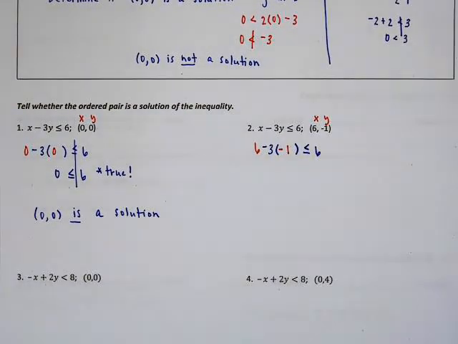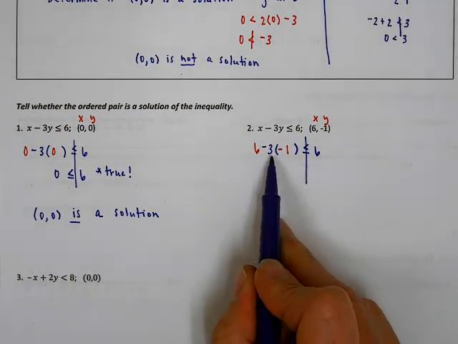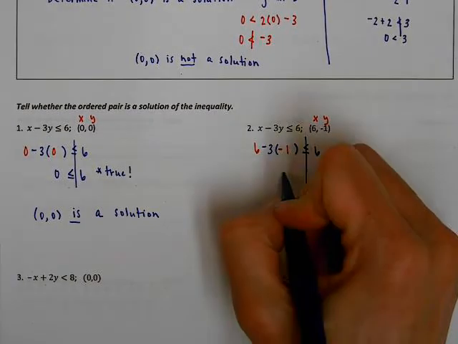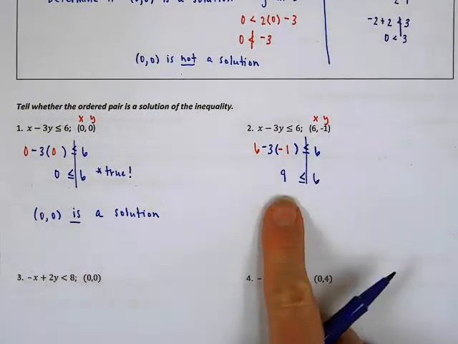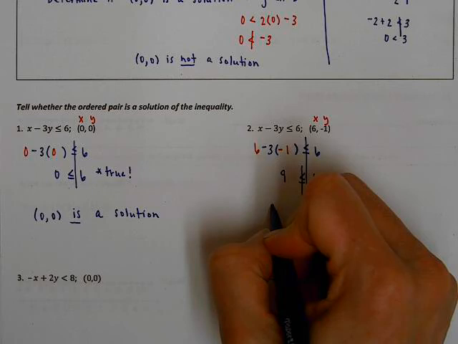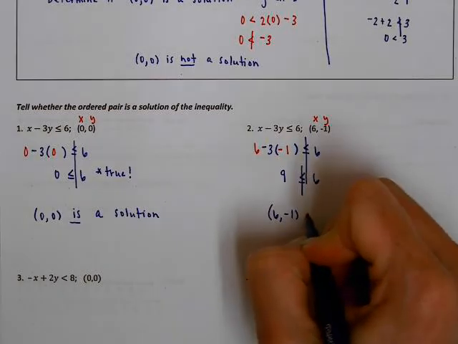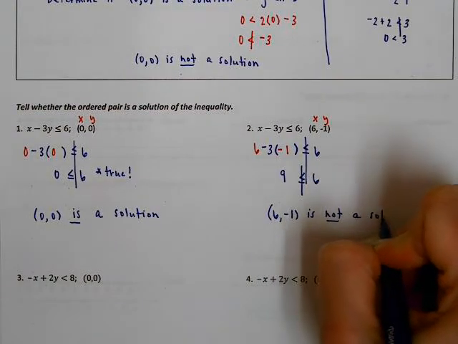That's my question. This negative times a negative is a positive, so I have 6 plus 3, which gives me 9, is less than or equal to 6. Obviously 9 is not less than or equal to 6. So I would say the ordered pair 6, negative 1 is not a solution.